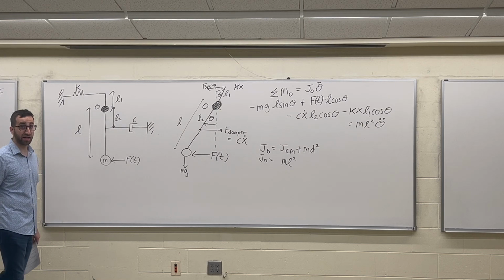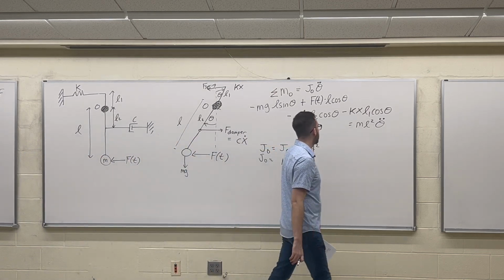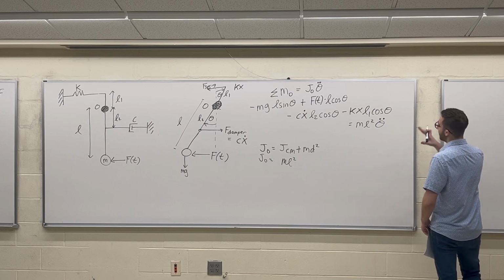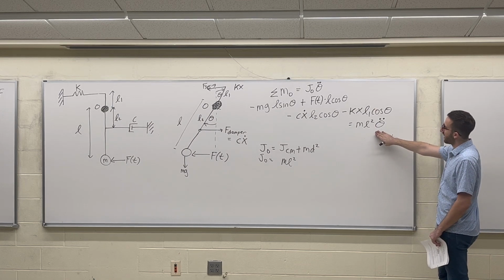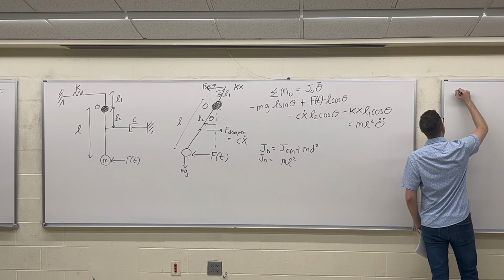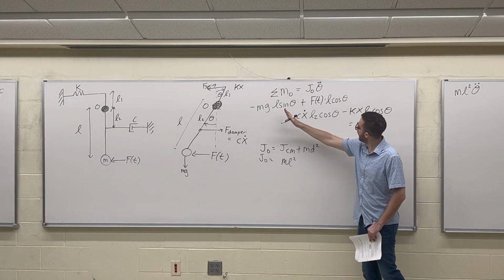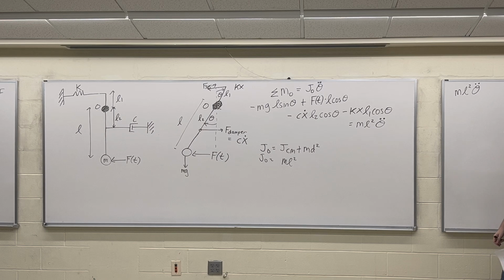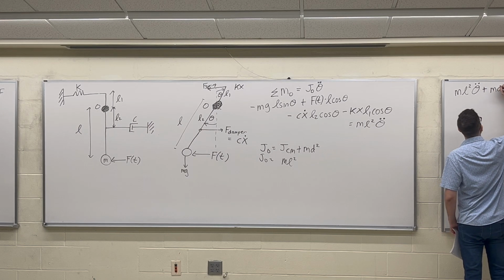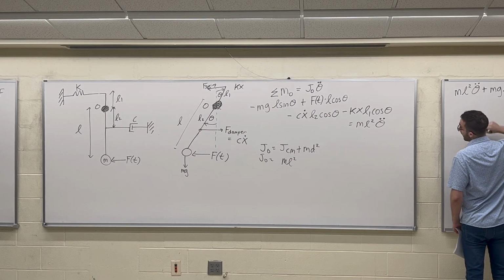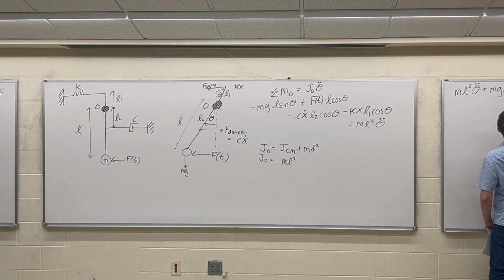We'll deal with the x's in a second. Let's bring everything over to one side. I'll leave the m L squared theta double dot as positive. So I have m L squared theta double dot, plus all of these terms brought to the other side: plus m g L sine theta, plus C x dot L2 cosine theta, plus K x L1 cosine theta.